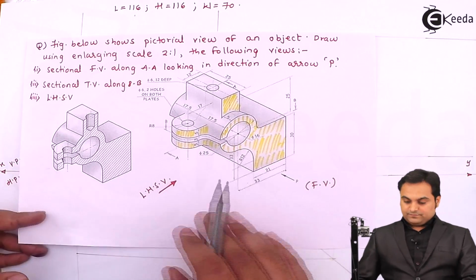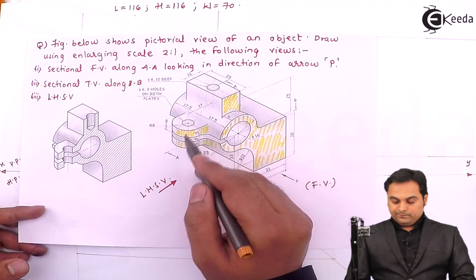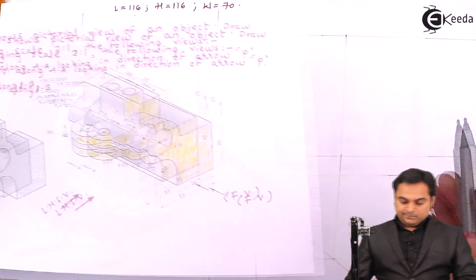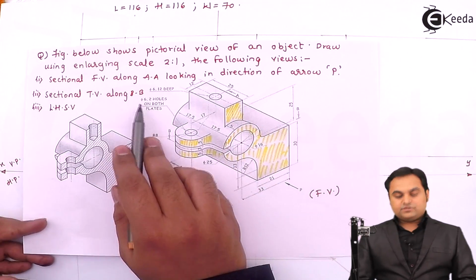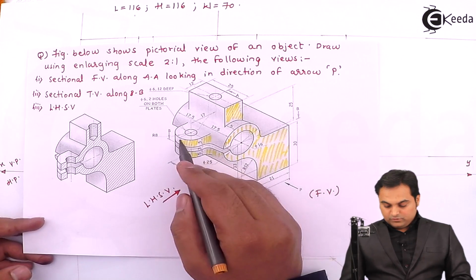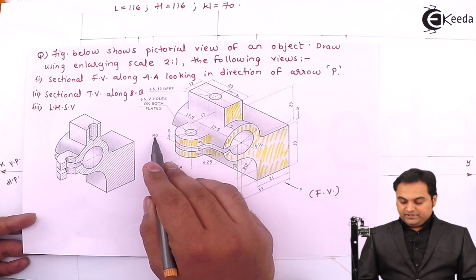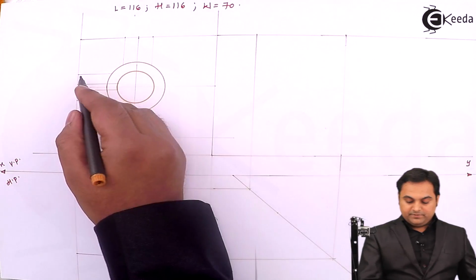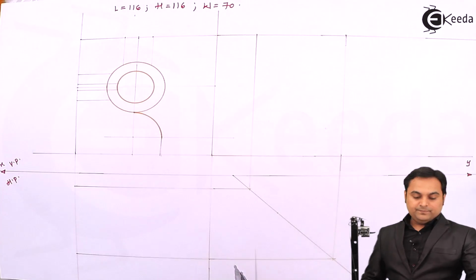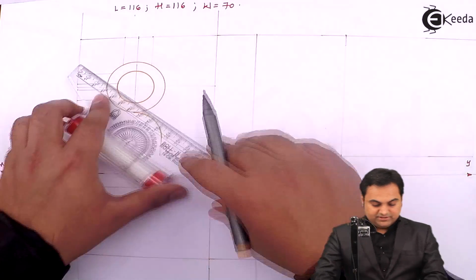Then in that case, there are two holes inside these plates of diameter 6. So we'll make it as 12. Locating its center, radius 8 mm. So for us, it will be radius 16 mm. So I'll measure 16.